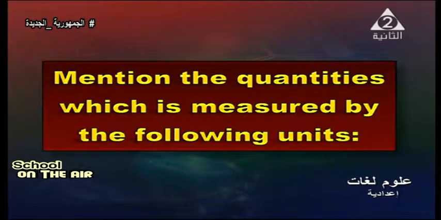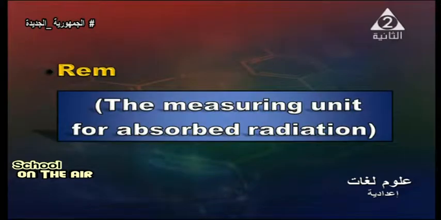Mention the quantities which are measured by the following units. REM is a measuring unit of absorbed radiation. Volt per ampere: volt is for potential difference and ampere for electric current intensity.